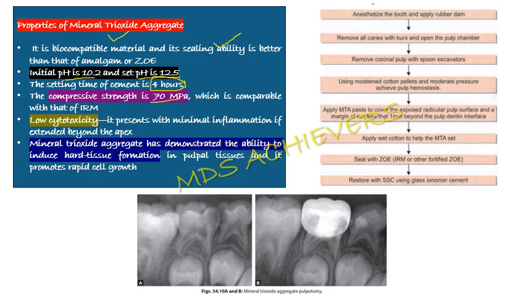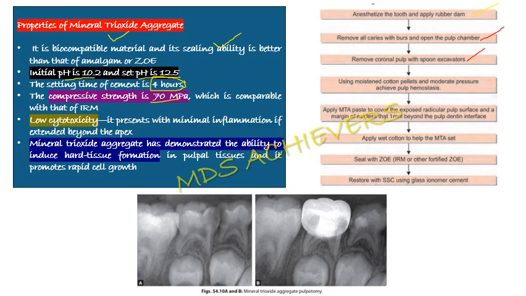MTA has demonstrated the ability to induce hard tissue formation in the pulpal tissue, and it promotes rapid cell growth. The application procedure: apply the rubber dam first, then remove the caries with the help of a burr, open the pulp chamber, remove the coronal pulp with the help of a spoon excavator, and use moistened cotton pellets with moderate pressure to achieve pulpal hemostasis.